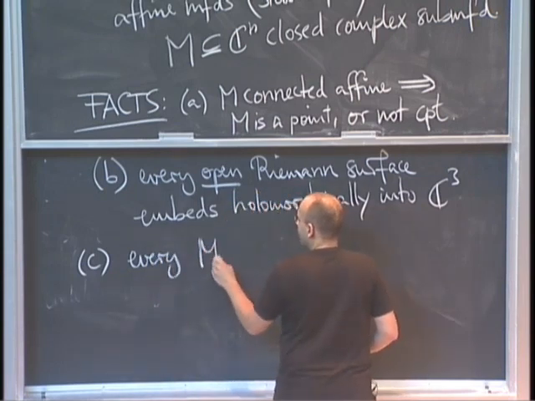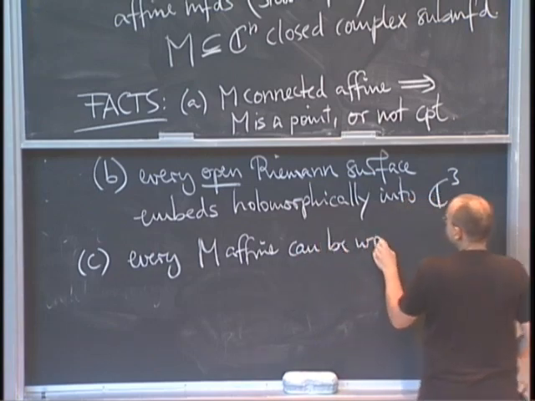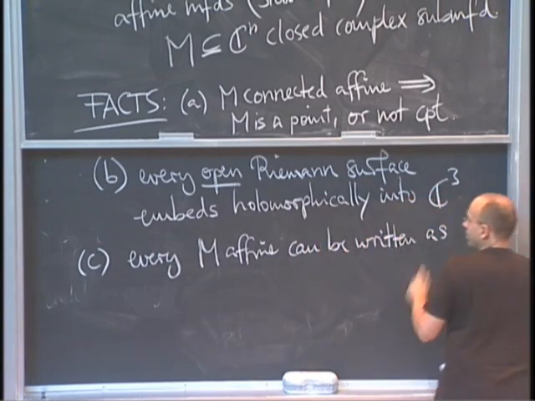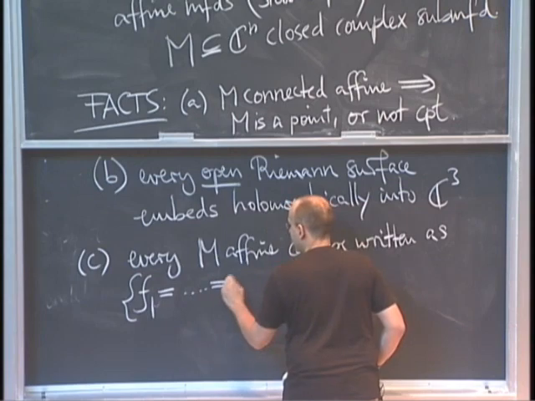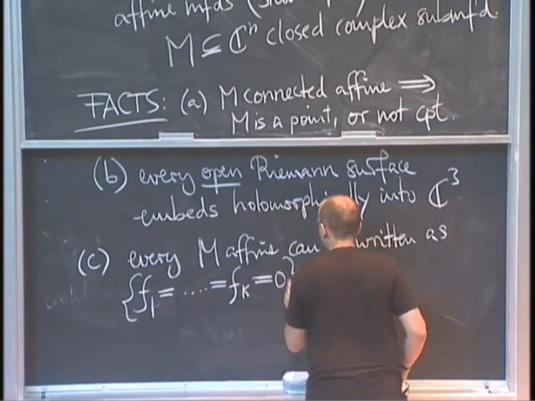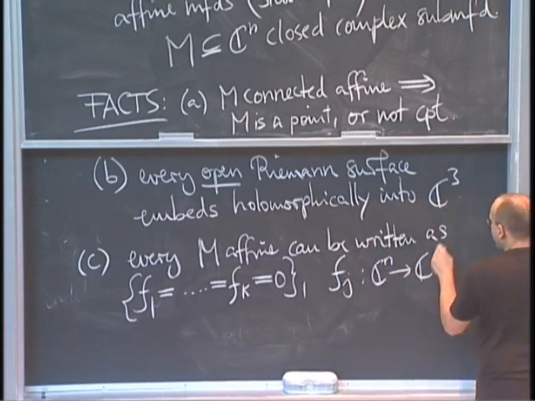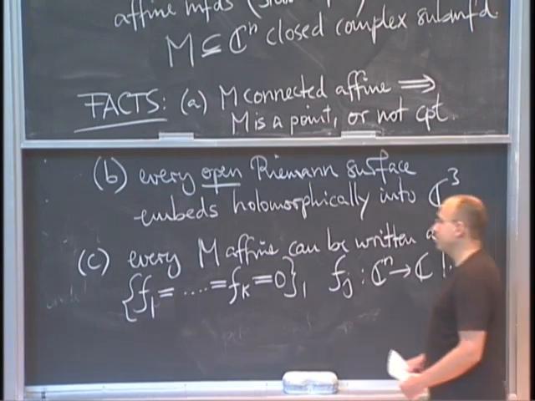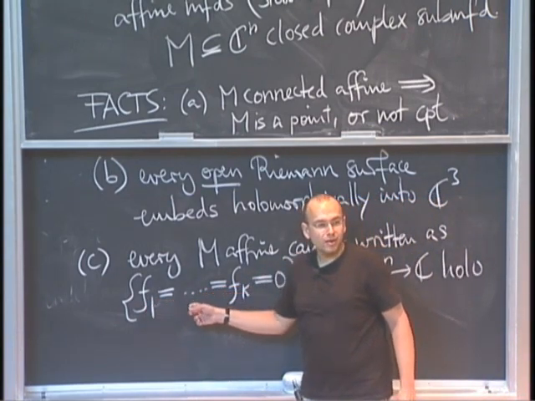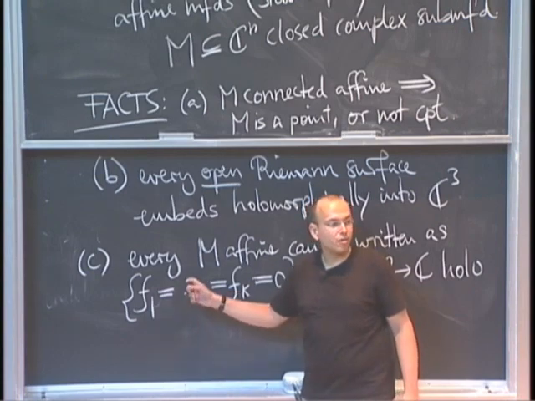Every affine M can be written as such a zero locus, though possibly you need many more functions than the codimension of M would make you think.